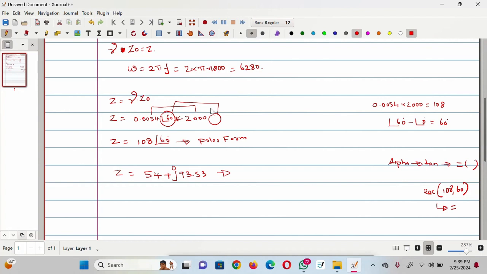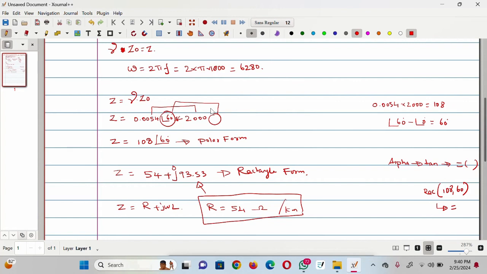This is the impedance value in rectangular form. So what is the value for Z now? Already we know by using the line equation, Z equals R plus j omega L. So what is the value for R?